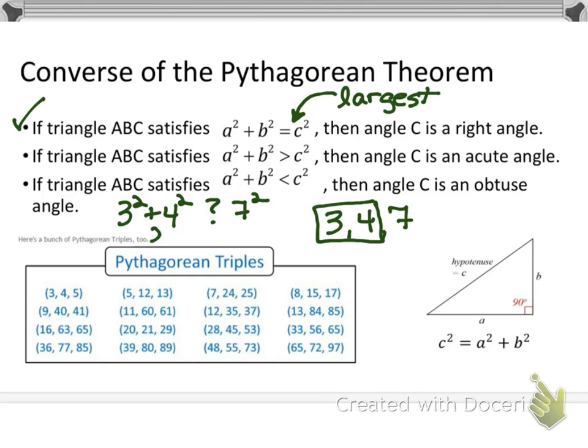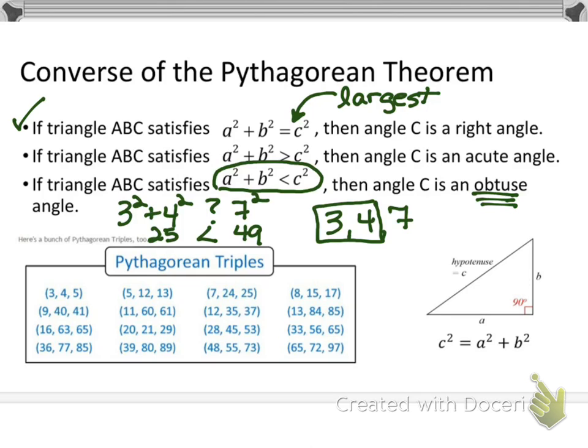So 25 is here. 7 squared is 49. 49 is there. So 49 is greater than 25. Okay? So since it's greater than 25, I have an obtuse triangle.